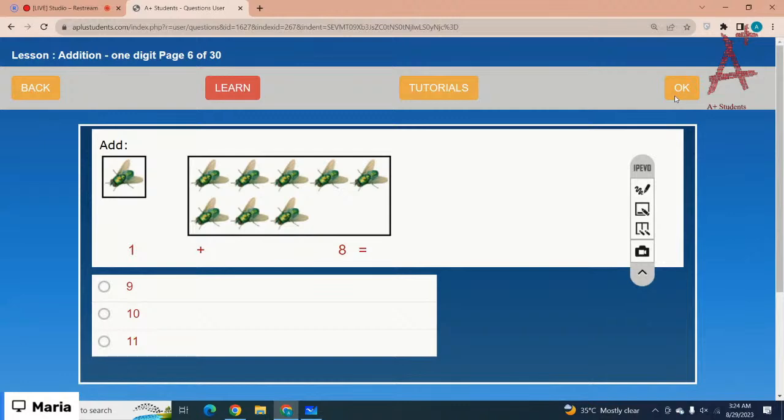Okay, the next one is you have to add 1 plus 8. So when you count them together, the correct option is 8 plus 1 makes 9. The correct option is 9.